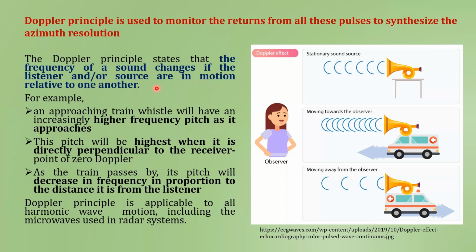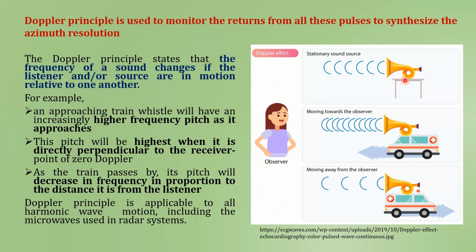Suppose we are standing at a railway station and a train is approaching towards us, so the siren or the whistle will have an increasingly higher frequency pitch as it approaches. This pitch will be highest when the source is directly perpendicular to us, and it is referred to as the point of zero Doppler. And as the train passes by, its pitch will decrease in frequency in proportion to the distance we are from the source.